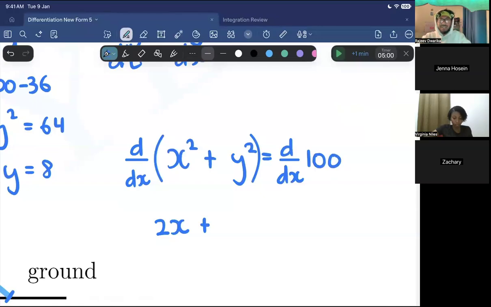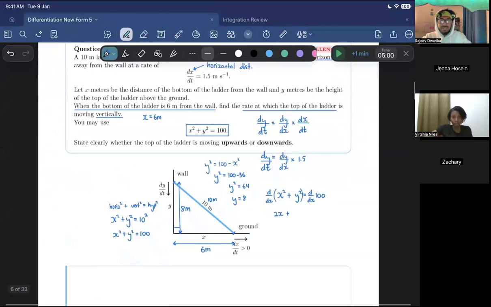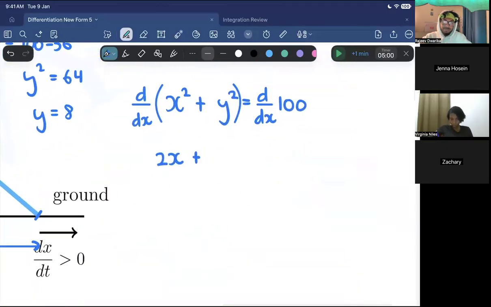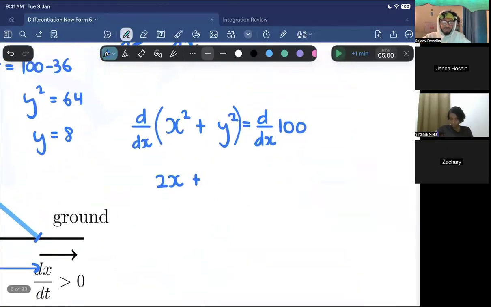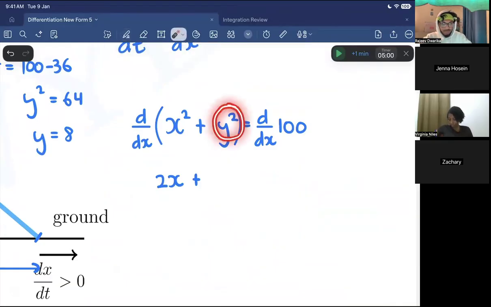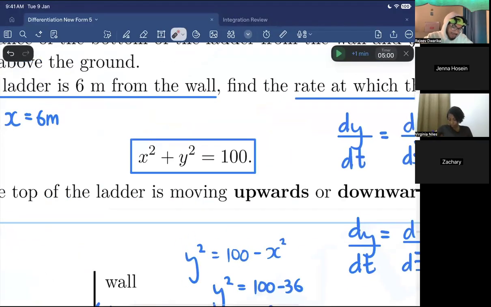By the way, Keshav, I'm teaching them implicit differentiation to handle related rates questions. It's a nice question. Keshav, I know you could make y the subject of the formula.